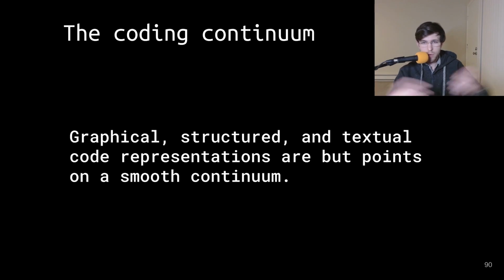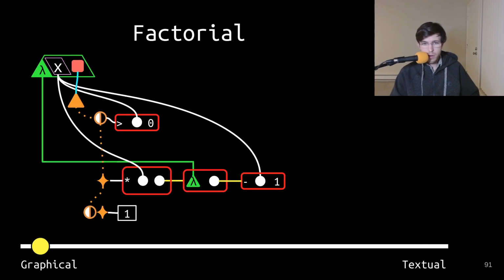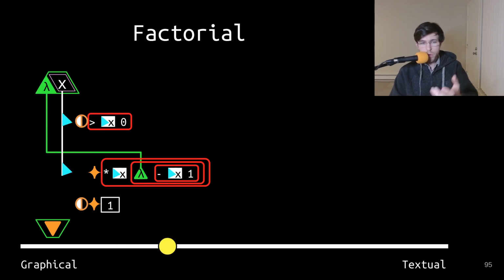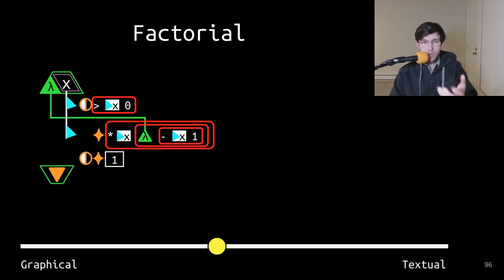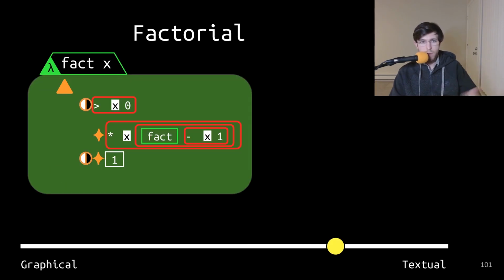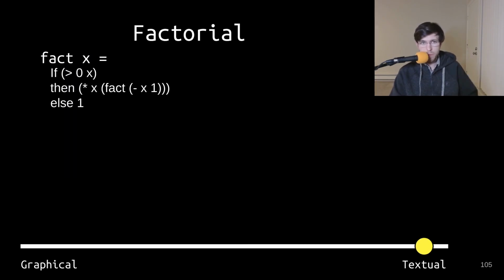Let's go back to the coding continuum, and you can see how we go from a graphical representation, and then we're moving towards this compact Glance representation. So this is the factorial function we've seen before, and then we can go beyond that, get rid of the wires, and go from structural to textual, etc.